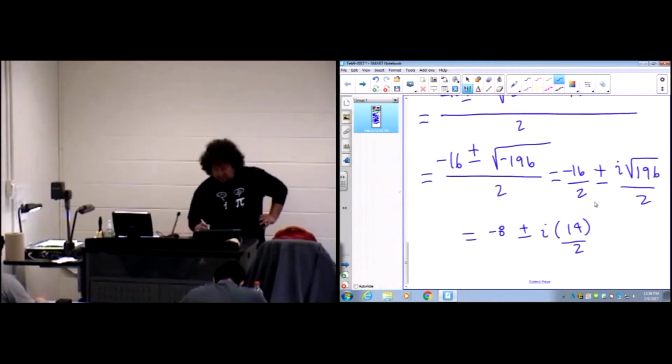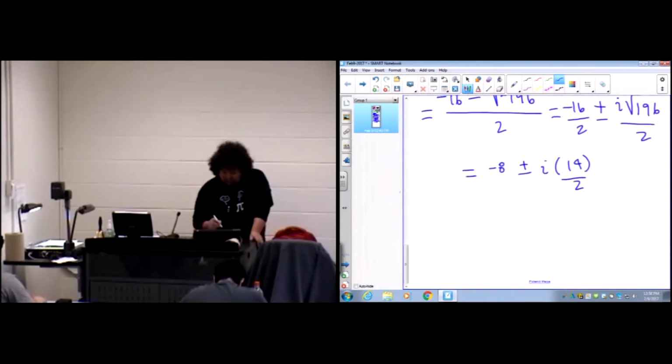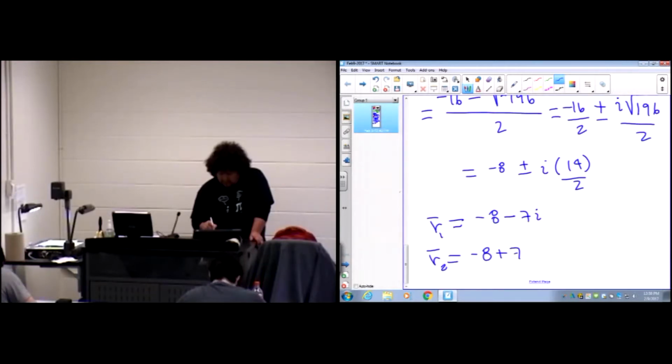But the important thing here is that this number here is the real part of r1 bar, and this number here is the imaginary part of that complex number, okay? These complex numbers are very similar to each other.